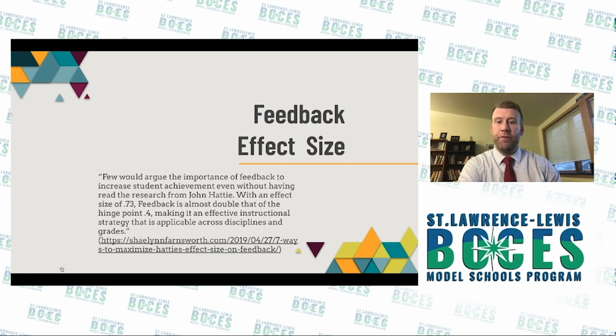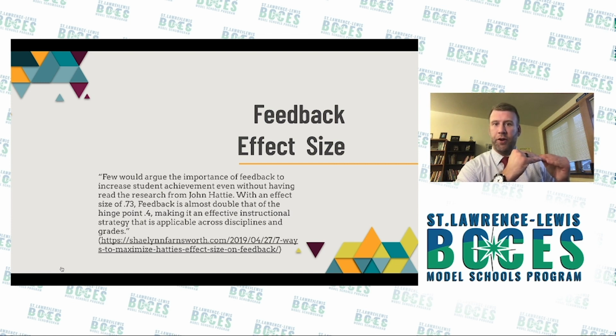Another quote here is that few would argue the importance of feedback to increase student achievement without having read the research from John Hattie. With an effect size of 0.73, feedback is almost double that of the hinge point of 0.4, making it an effective instructional strategy that is applicable across disciplines and grades. So 0.4 is about the run-of-the-mill instructional strategy.